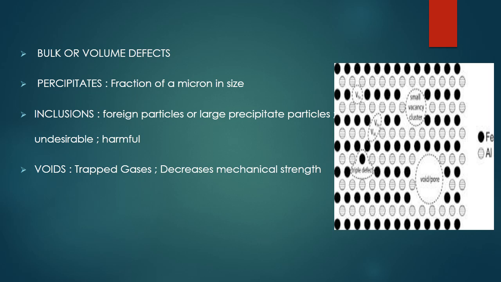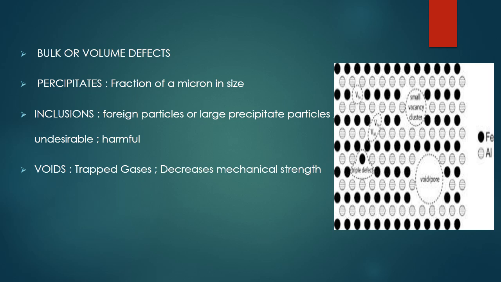Finally, you can see the three-dimensional defects, the bulk or volume defects, where you can see precipitates, a fraction of a micron in size. You can see a cluster of vacancies which creates a void.